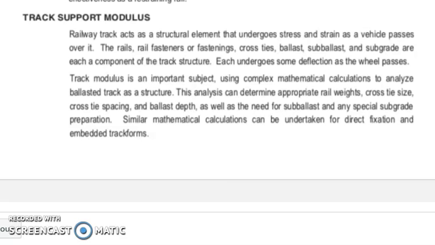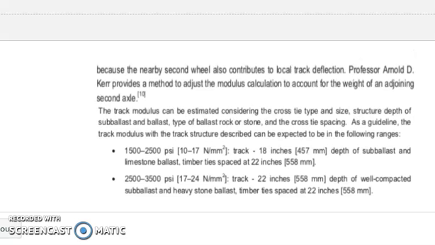This is actually used for complex mathematical calculations to analyze ballasted track as a structure. So basically, for our track system, we have a ballast. The track ballast is a formation of the track bed upon which the railroad ties are laid.